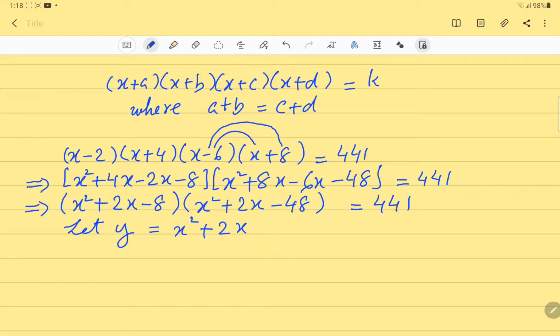So y is equal to x squared plus 2x, and now we will replace this value into the equation. Instead of x squared plus 2x we will write y, and then minus 8, then again y and minus 48 is equal to 441.